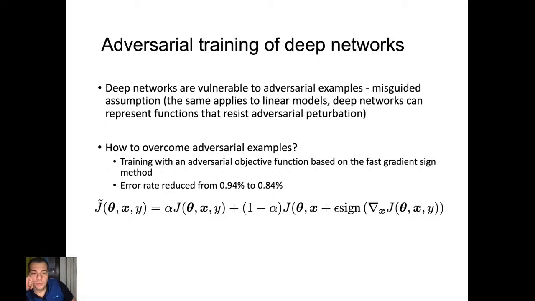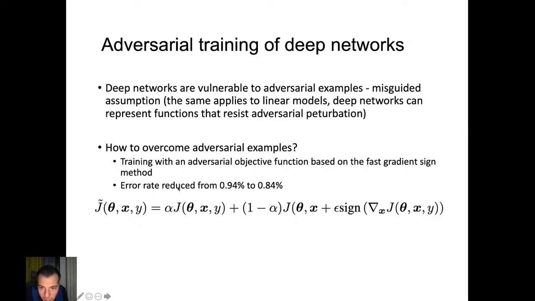What they proposed is to use this approach to train deep neural networks. So to the standard objective, they added this additional objective, where they also try to minimize the objective with respect to the gradient sign.